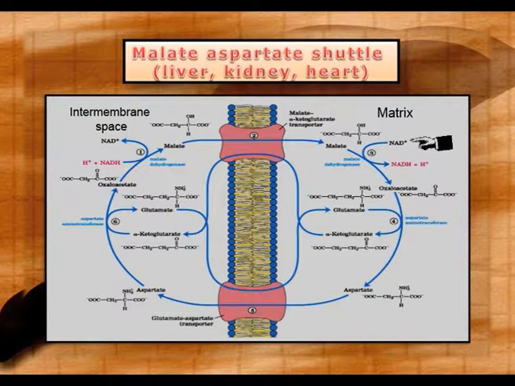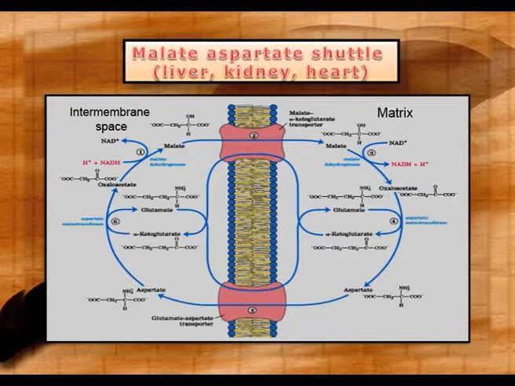In the matrix, malate donates the reducing equivalent to NAD+, and the NADH form can easily donate the electron to the electron transport chain. But the oxaloacetate converted into malate in the cytosol must be regenerated. So, another transporter called the glutamate aspartate transporter helps to continue the cycle.